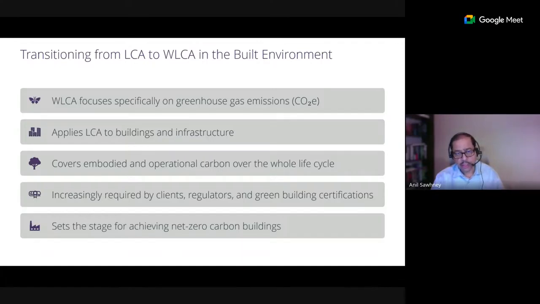As you saw in LEED 5.0, there is a need for you to do WLCA calculations. Other certifications similarly are requiring WLCA to be done. It sets the stage for us achieving net zero or near zero carbon buildings. So LCA being a generic sector agnostic approach, we adopt it to our sector by making these changes.